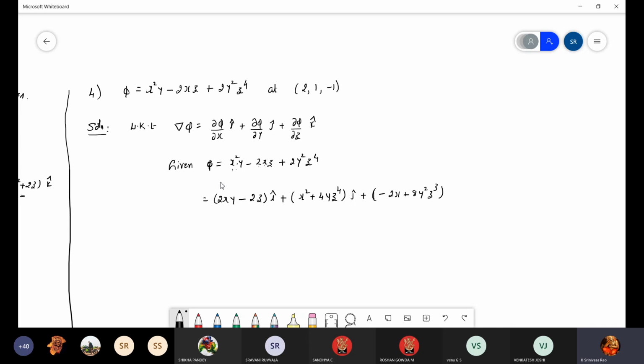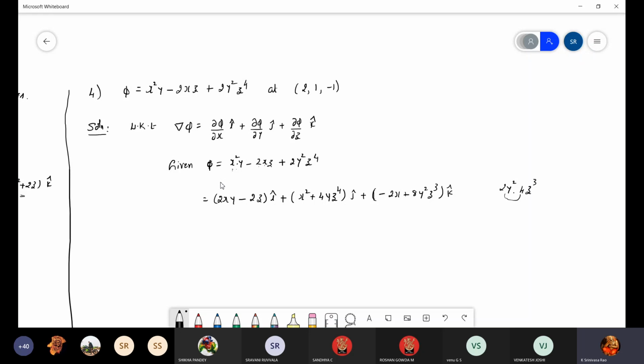If you have any doubt, you ask me and clear the doubt here only. Partial differentiation 2y square I will keep as it is into z power 4 differentiation is 4z cube. Is it right? This 4 2s are 8 and y square z cube. So try to write directly.